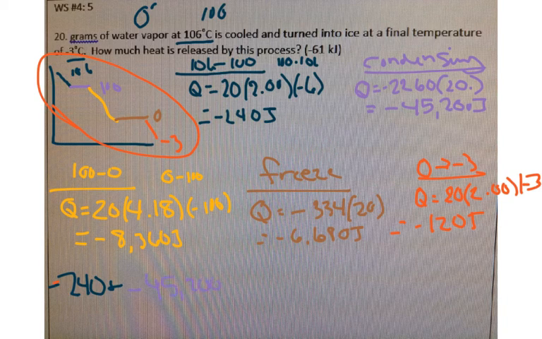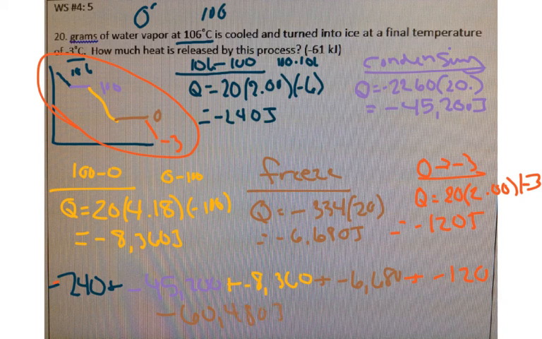Then I add the energy from the cooling of the liquid water, negative 8,360. Then I add the energy that was lost while freezing, negative 6,680. And then I add that of the 0 to negative 3, the cooling of your solid, which is negative 120. When we add all of that up, we end up getting negative 60,480 joules.